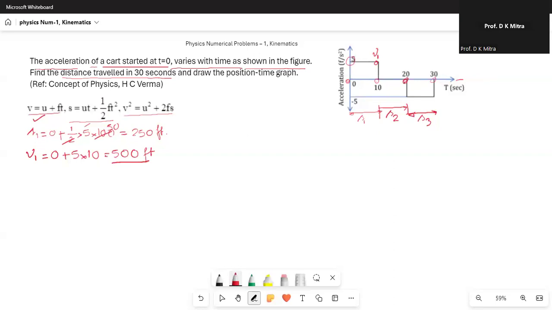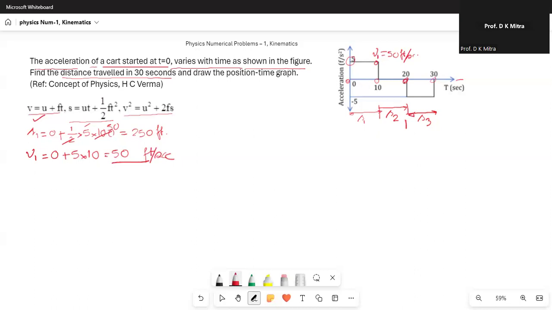The V1 is not 500, but 50 feet per second. So V1 is equal to 50 feet per second. So this velocity here is also 50 feet per second. So in the third part, the initial velocity is 50 feet per second.